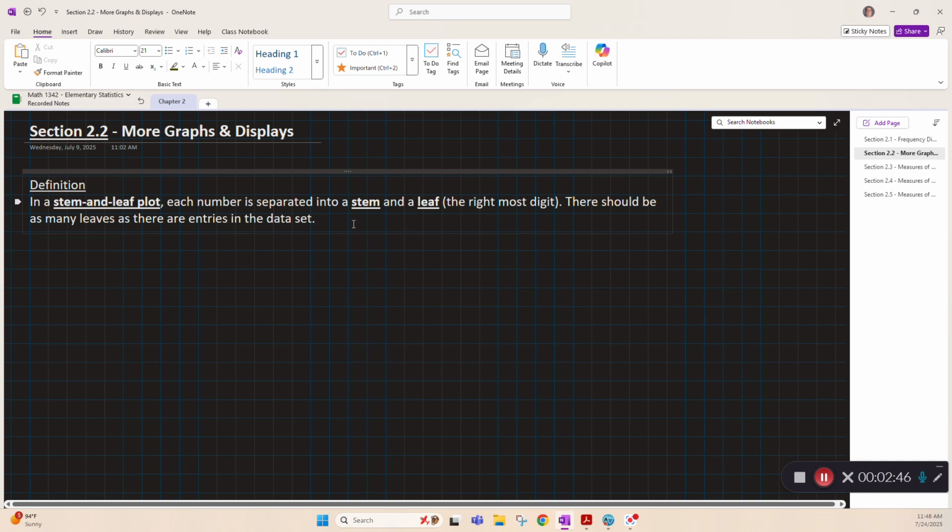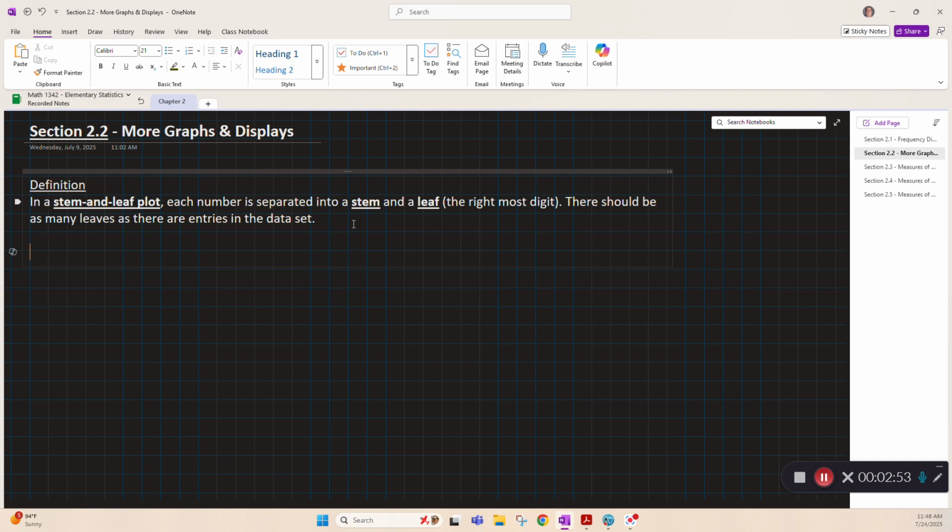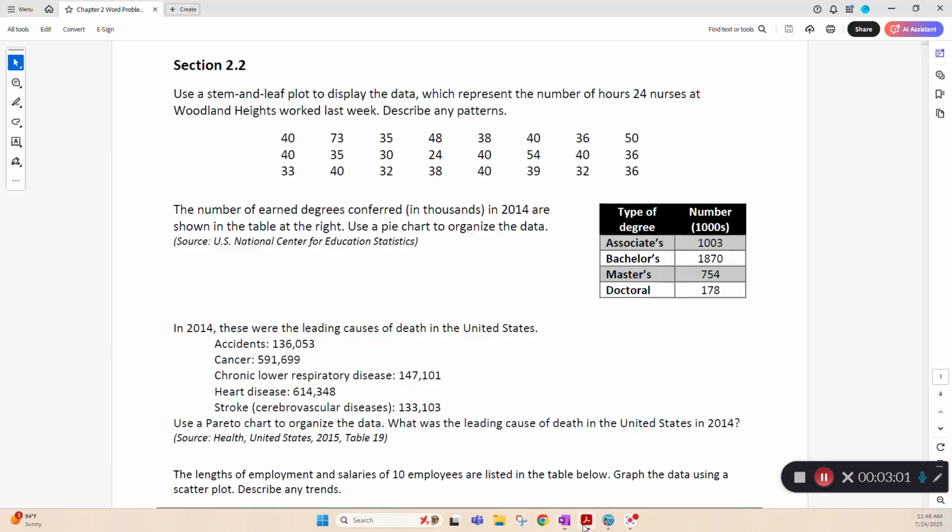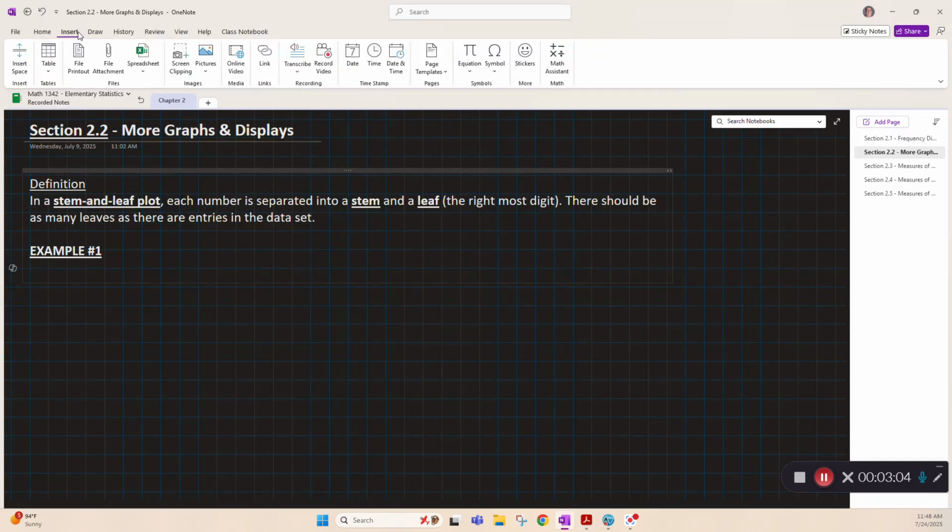So let's look at example 1, and we're going to create a stem and leaf plot.